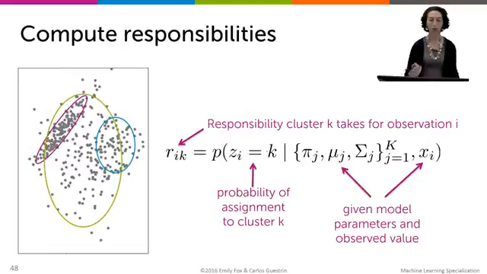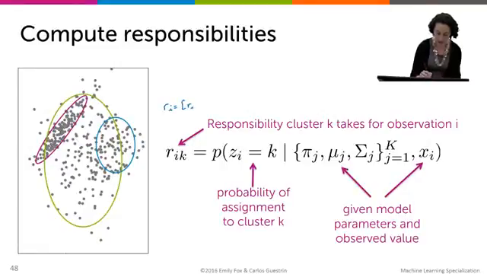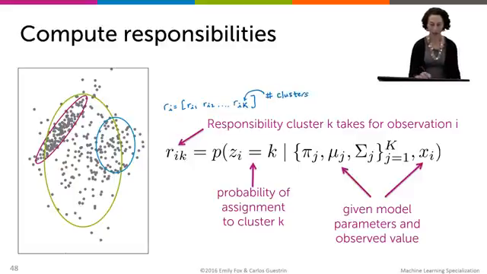The soft assignments are quantified by something called the responsibility vector. So for each observation i, we form a responsibility vector with elements r_i1, r_i2, all the way up to r_iK, where capital K is the total number of clusters in our mixture model. And each element, r_ik, represents the responsibility that cluster k takes for observation i.